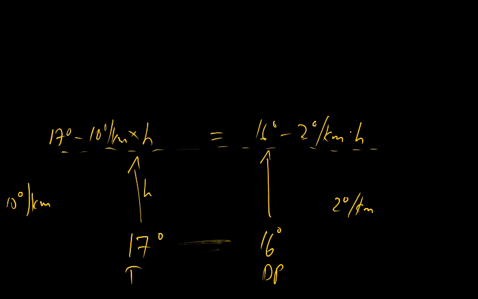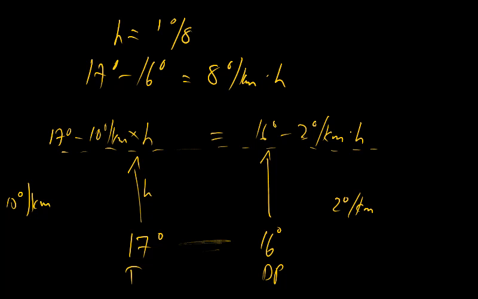We can solve this by bringing all the h's over to one side and all the temperatures over to the other side. So I end up with 17 degrees minus 16 degrees is equal to 8 degrees per kilometer times h. That's the 10 minus 2. And so then I'll simply get h is equal to 1 degree over 8 degrees per kilometer, or 1/8 of a kilometer.